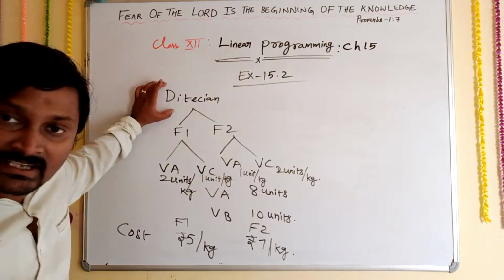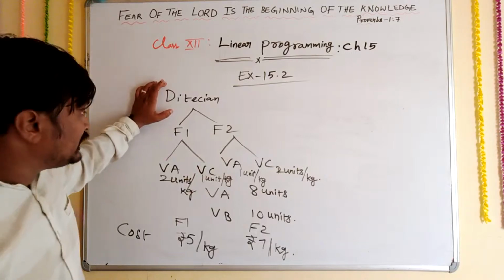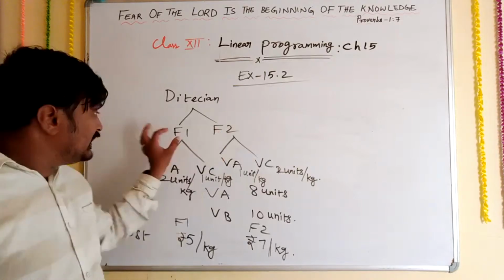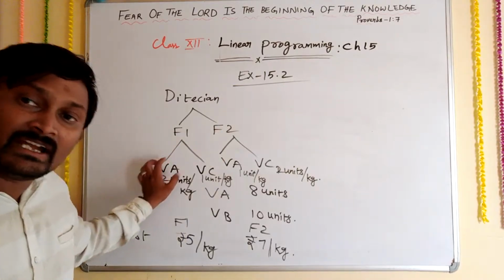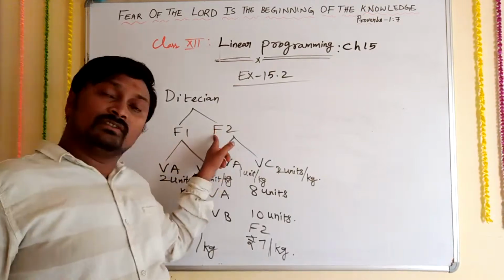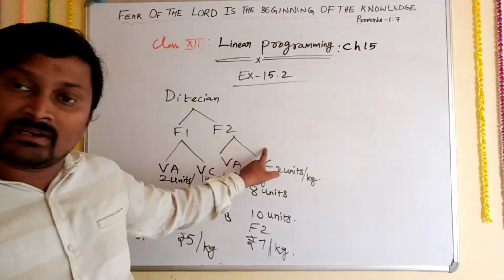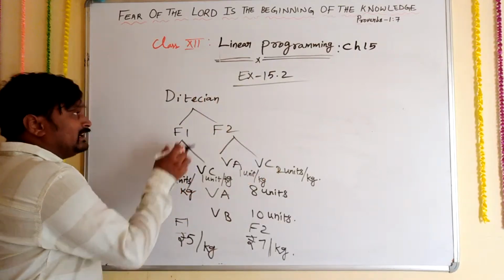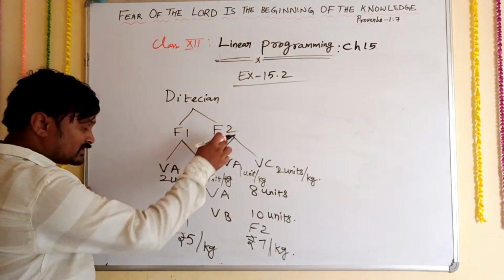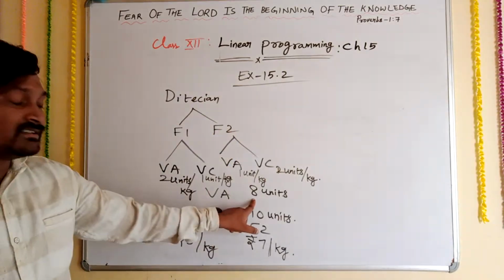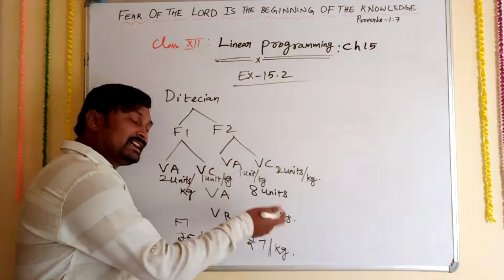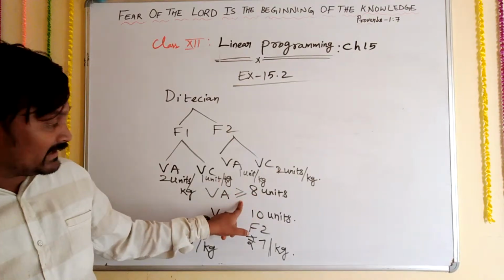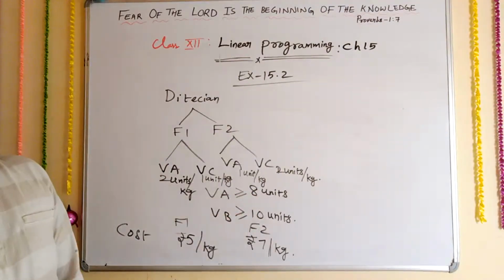A dietitian needs to mix two foods, and each food needs to contain vitamin A and vitamin C. Both together in these foods, vitamin A should be 8 units or greater, that is, at least 8 units means greater than or equal to 8, and vitamin C greater than or equal to 10 units.